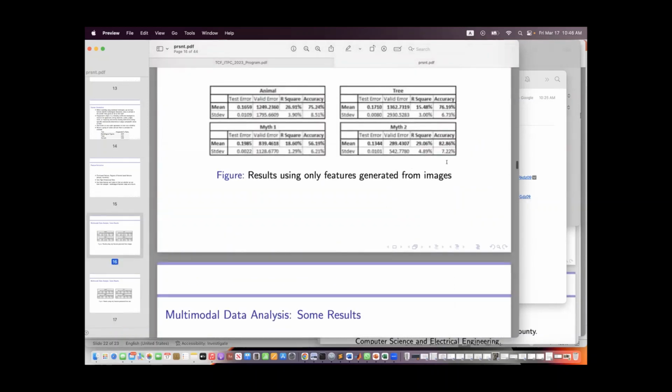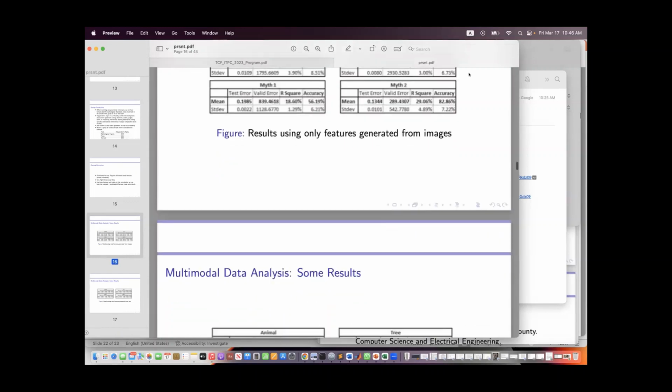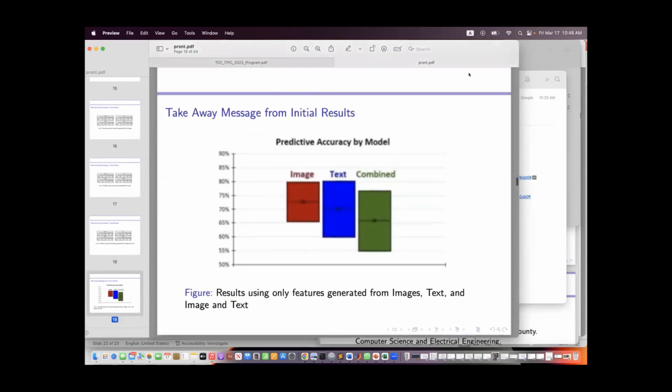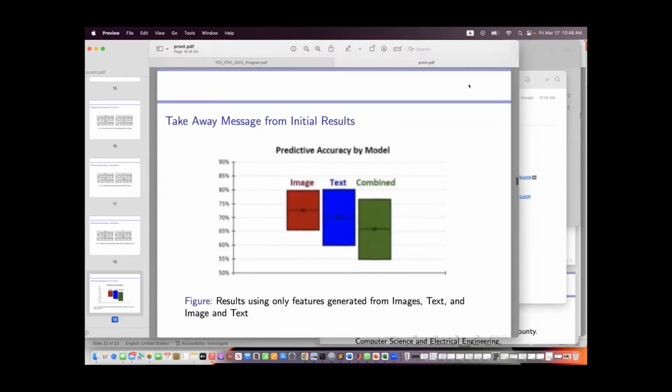So we did an experiment where we extracted features only from images, only from text, and then combined them together to see what would happen. And here we are using just a logistic regression as our model. And so it's not even deep learning. Surprisingly, when we use a very simplistic model, which is sort of the state of the art, you would notice that with combined images and text, we actually don't get very good results.